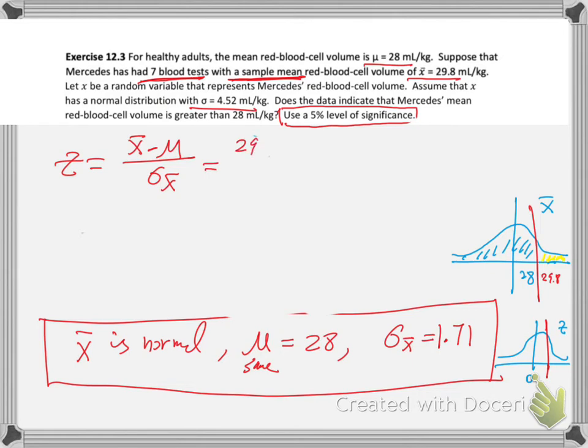This is 29.8 minus 28 divided by 1.71. So the new cutting line is 1.05. It's here. So we change x bar to z like the previous example, part B in lecture 10.